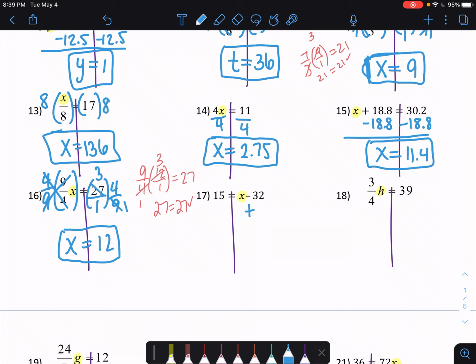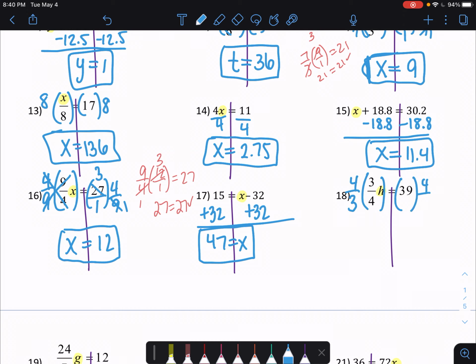In number 17, I'm going to add 32 to both sides. So 47 is equal to x. In number 18, I'm going to multiply by 4 over 3. So these all cancel, and I'm left with h equals.